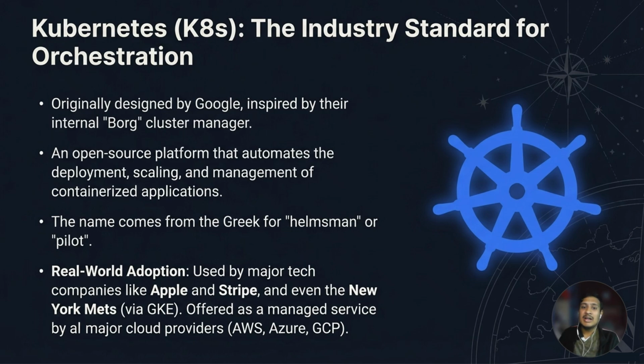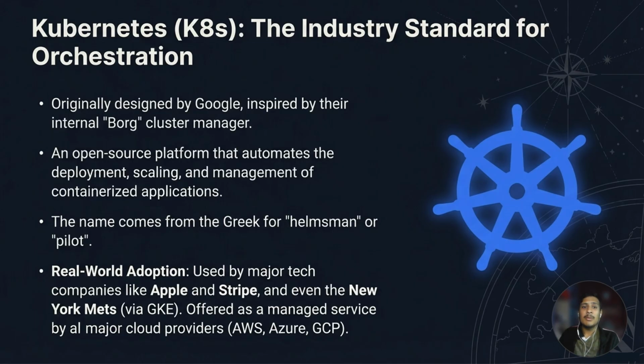The heading Container Orchestration brings us to the topic Kubernetes, commonly abbreviated as K8s. Kubernetes is the industry standard for orchestration. It is an open source platform that automates the deployment, scaling, and management of containerized applications. It was originally designed by Google, inspired by their internal Borg cluster manager.